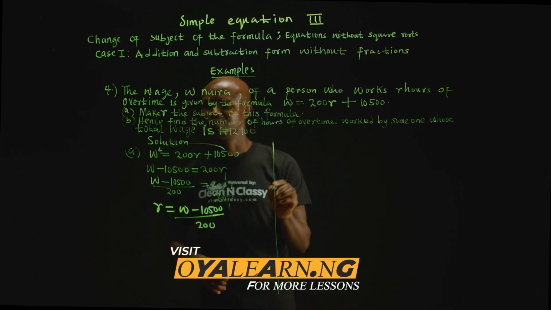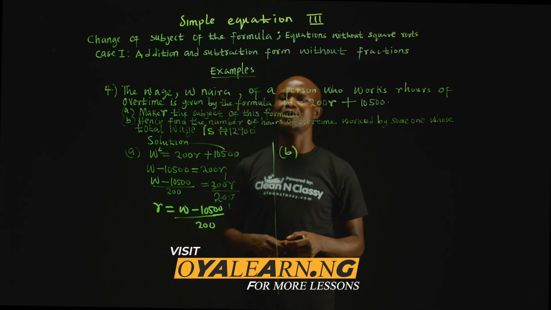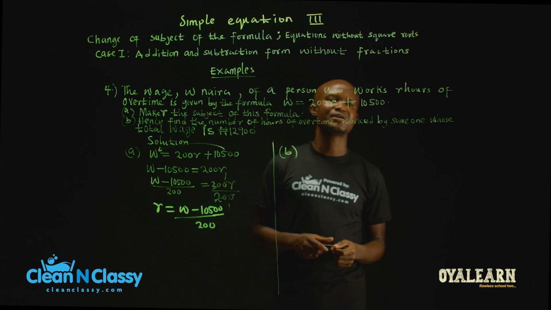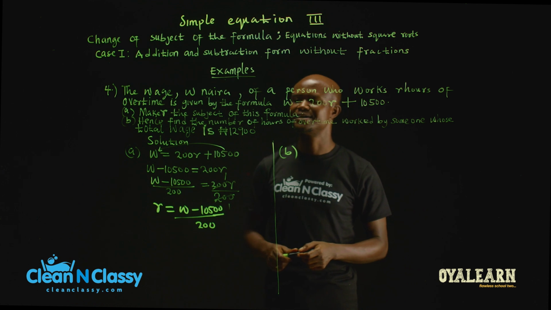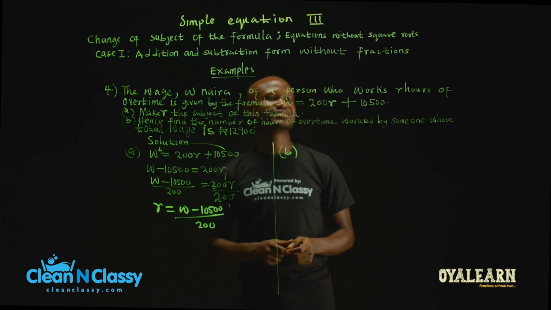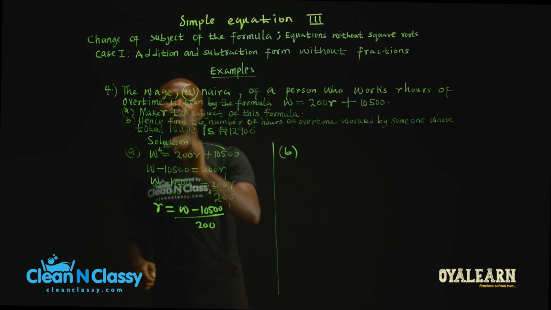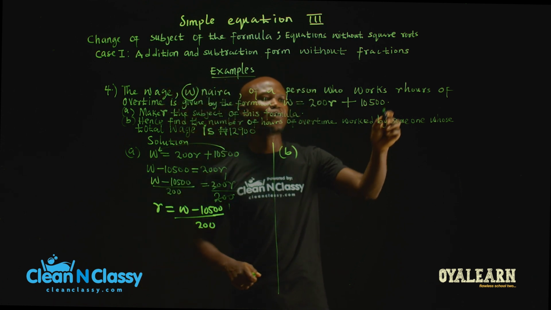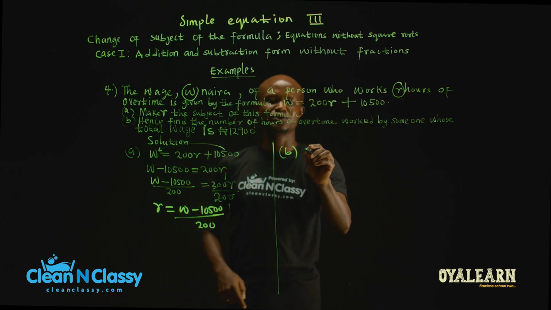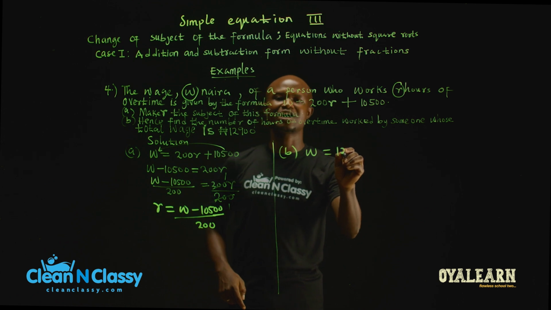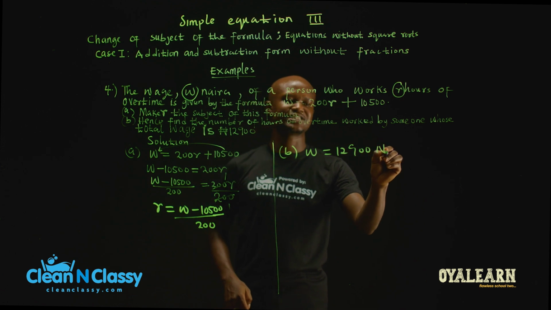Now let's solve for B. Hence, find the number of hours of overtime worked by someone whose total wage is 12,900. The first thing we need to know is this. The wage is denoted by W, and the number of hours is R. So from the question, we are given W to be equal to 12,900 naira.